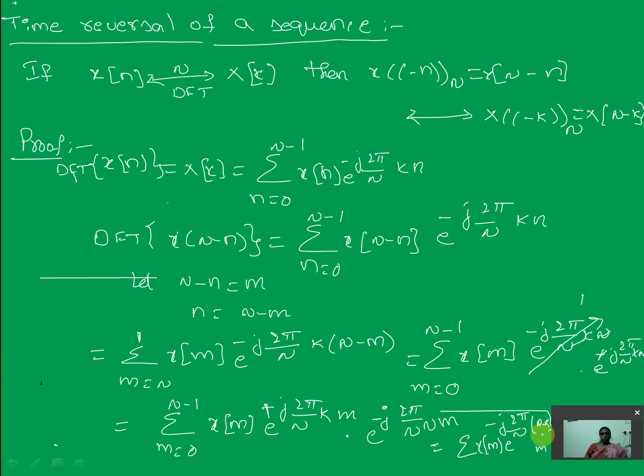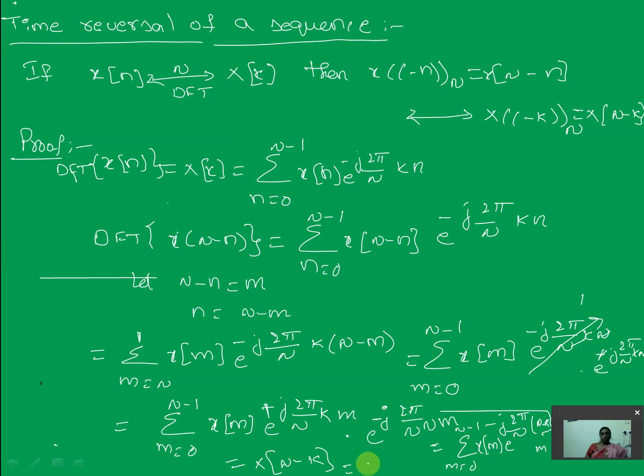Am I correct? N minus k. So now this one is nothing but summation m = 0 to N minus 1. What is this? Summation of the sequence x of m e power minus j 2 pi by N into N minus k. That means here, in the place of k, what is the value?